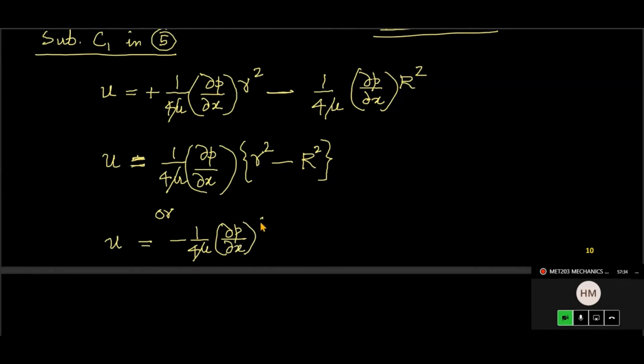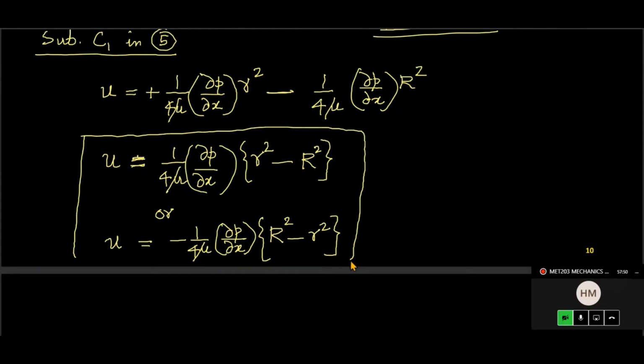So we reverse the terms in the bracket by taking a minus sign outside: minus (R square minus r square). This expression is the ultimate one we are searching for, the velocity at any radius of the pipe across a section through which viscous flow occurs.